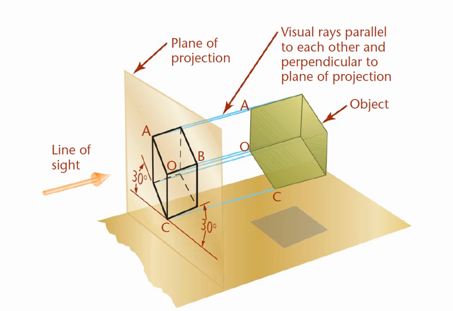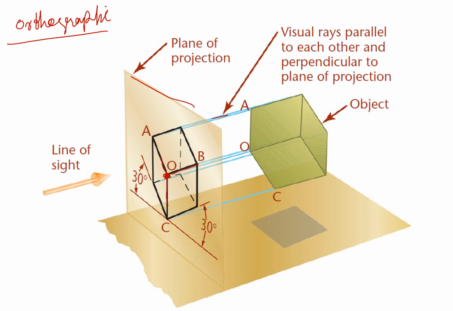Then in this figure again, the whole axonometric projection is explained, and as we saw, axonometric projection is a part of orthographic projection. In orthographic projection, the lines of sight and the plane of projection make a 90-degree angle with each other, and we get a corner that is formed by three axes.